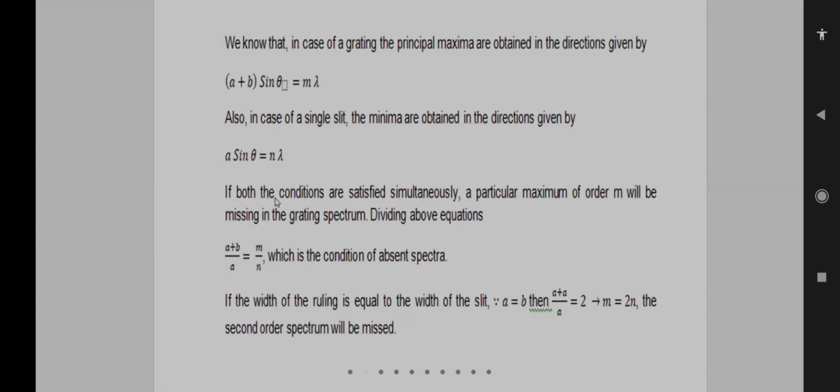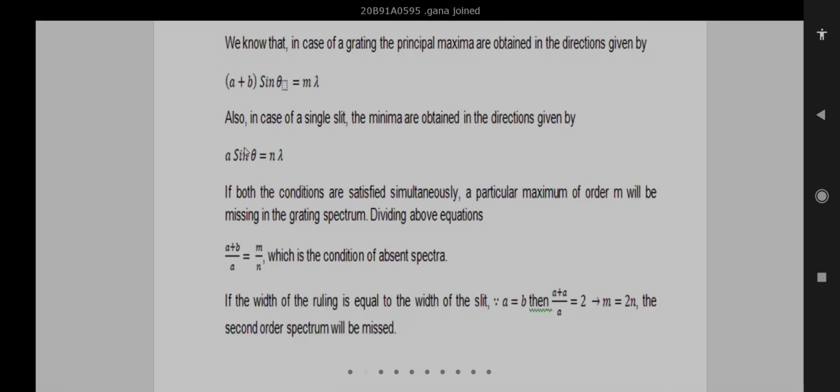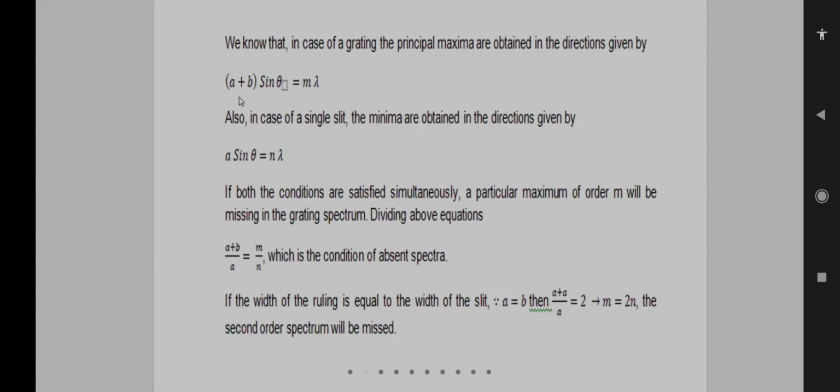So if both the conditions are satisfied simultaneously, a particular maximum of order m will be missing in the grating spectrum. So dividing the above equations, sine theta cancels, and a plus b by a is equal to m by n, which is the condition of absent spectra.